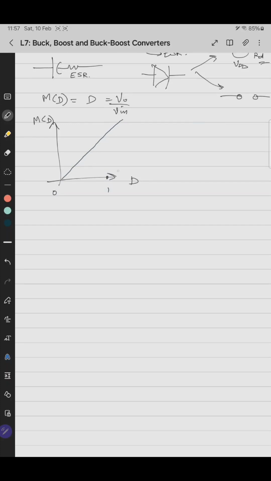This is 0 to 1, which is the maximum value for the buck converter. For 0.5, again linear, M is also 0.5. So now we have seen the operation of a buck converter.